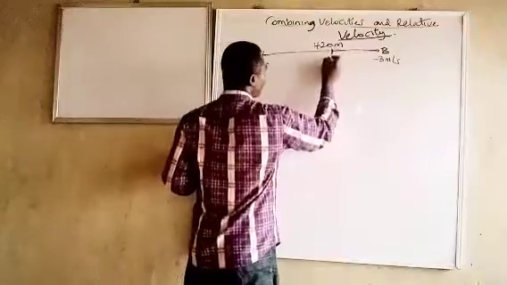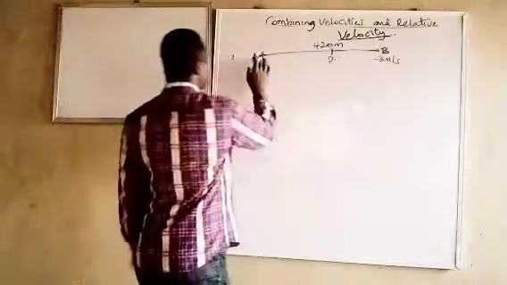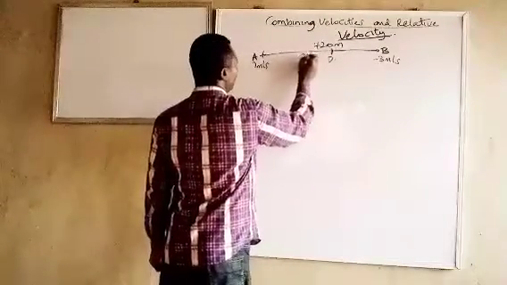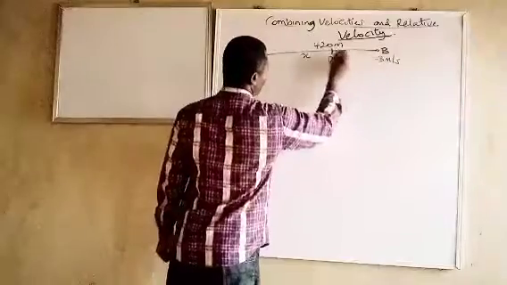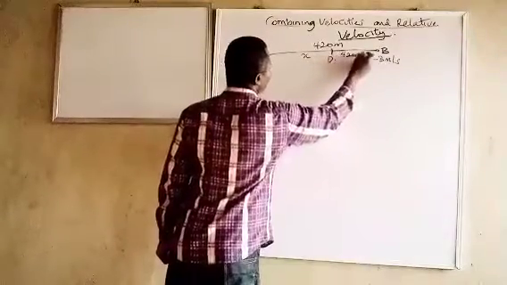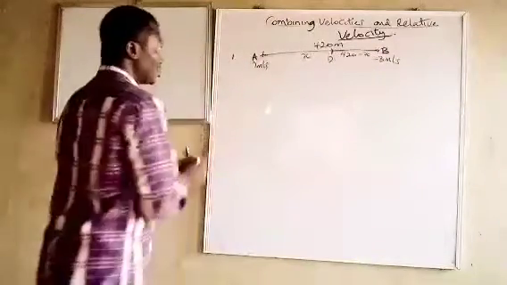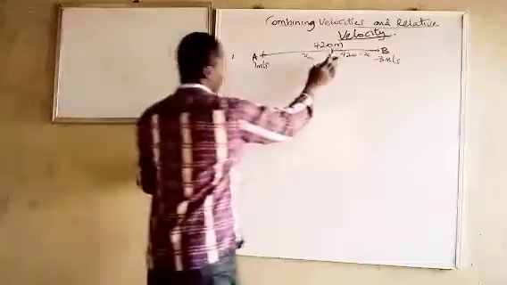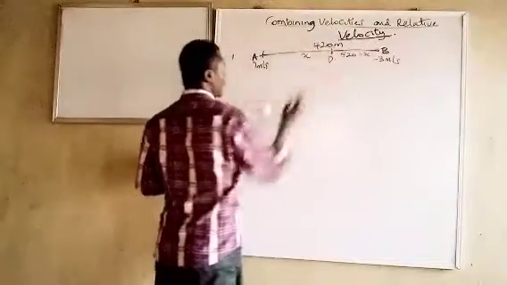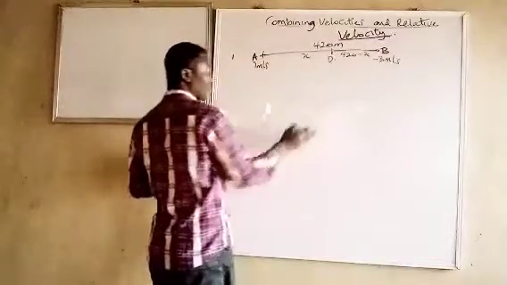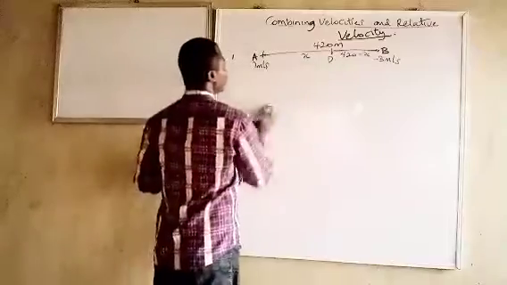And they will meet at this place. Let's call this place G. So the distance moved by A will be x, and the distance moved by B will be 420 minus x in that direction. When you add the two, irrespective of the sense, it will give you 420.